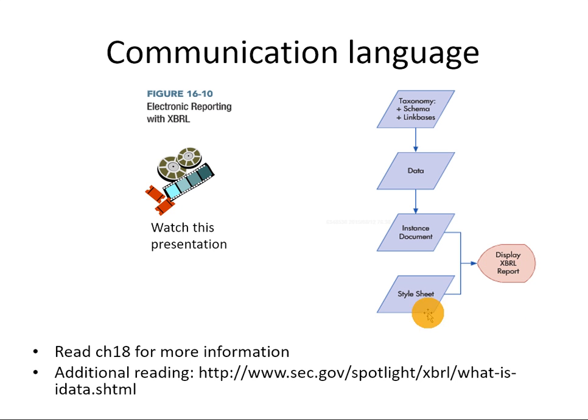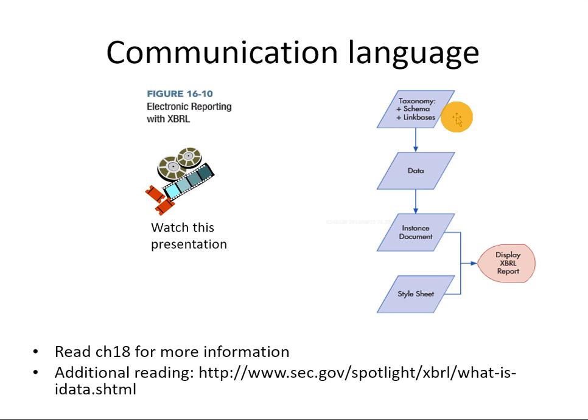The data itself is contained in the instance document. The instance document is going to have the data plus the taxonomy, which includes the schema and the link bases. Basically, these are tags and a dictionary.